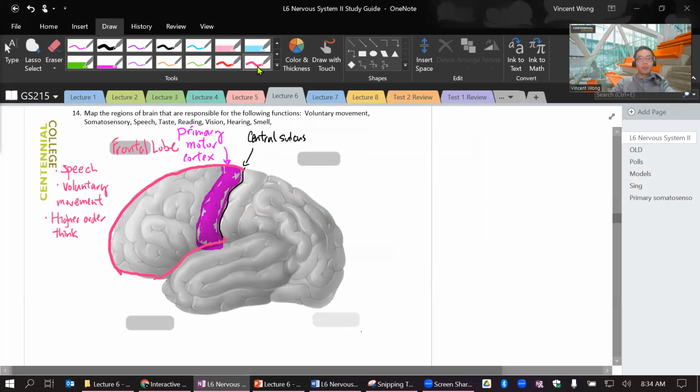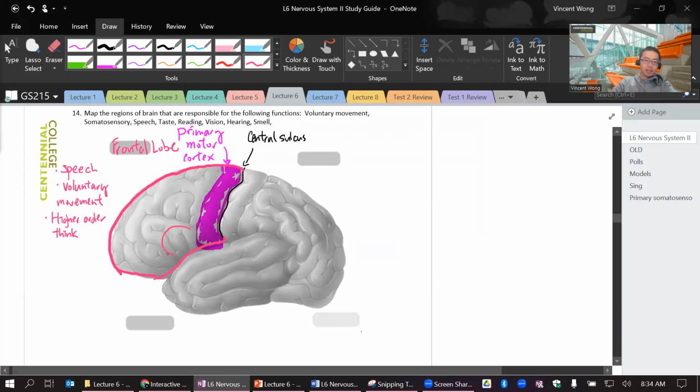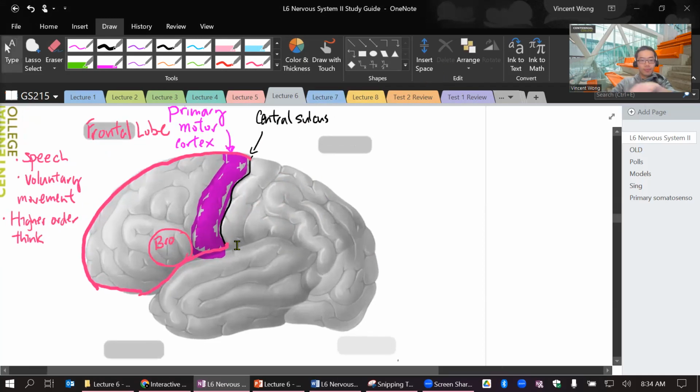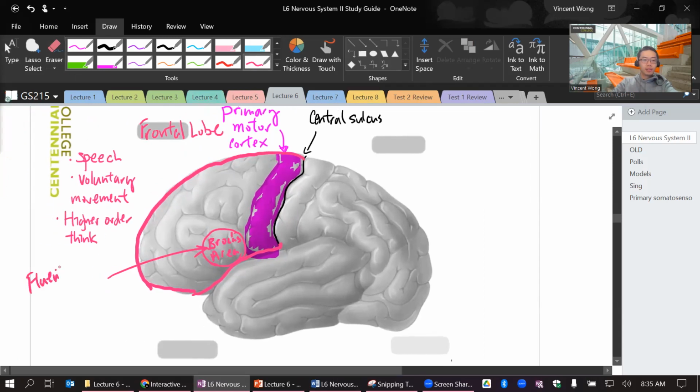Since we're looking at the left side of the brain, you will likely find the Broca's area around here. That's the Broca's area, for speech, fluent, articulate speech. If you damage that, what do we have?